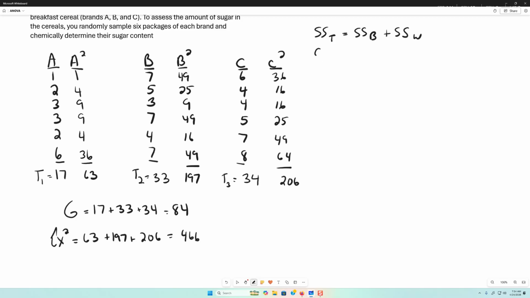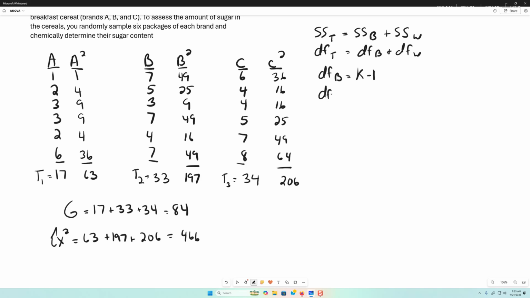We also know that the degrees of freedom total is going to be equal to the degrees of freedom between plus the degrees of freedom within. The degrees of freedom between is going to be equal to k minus 1, where k is the number of conditions, or number of groups.